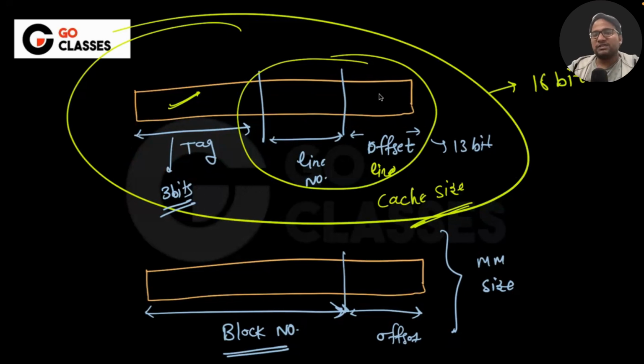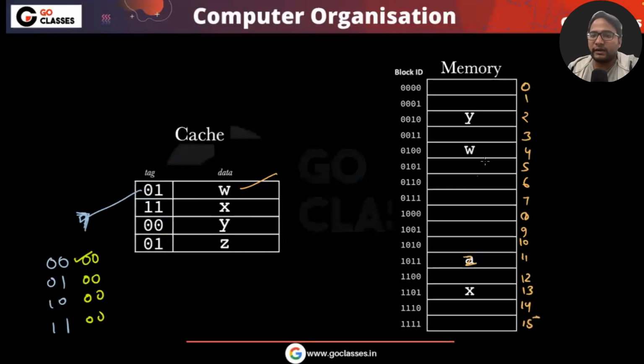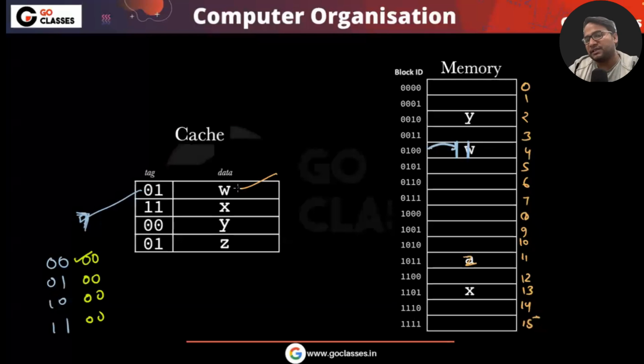See, this offset and this offset are the same, which means you can call it line offset or block offset. Why? Because ultimately the whole block goes to one of the lines, right? Offset means how much to go inside, which byte number you're talking about. It's just a place.